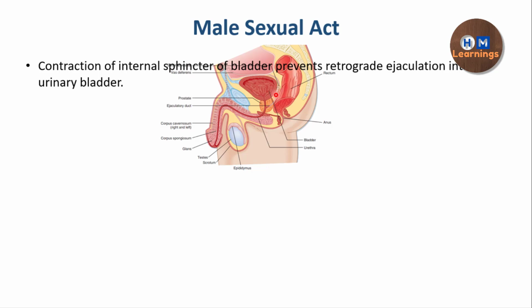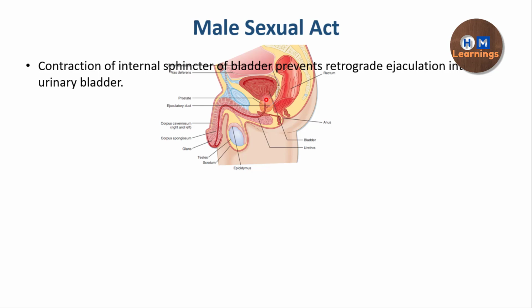Here there is a duct which is coming from the seminal vesicle. This white portion is the seminal vesicle, and it will ultimately form an ejaculatory duct, which will then empty into the prostatic urethra. So first there is contraction of the epididymis and also the vas deferens, so there is expulsion of the sperms present in the epididymis and the vas deferens into the prostatic urethra.